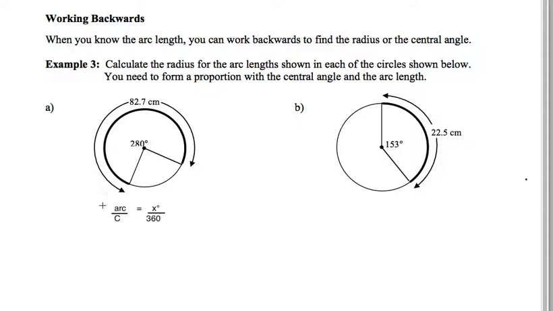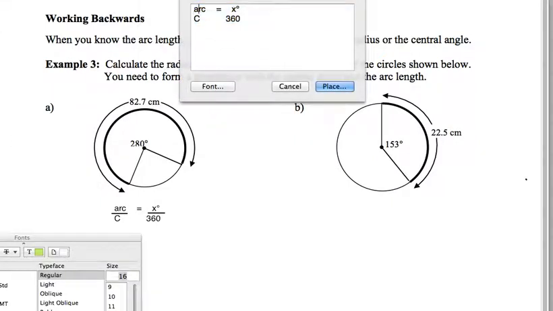Once I have my formula set up, I say to myself, what is the information that I have in this problem? Let me plug that in. Here I know the arc length. I've got it here, 82.7 centimeters. And I know the central angle, that's 280. So let's plug in the things that we know. 82.7 is my arc length, and the central angle is 280 degrees, so I can put that right in that spot up there.